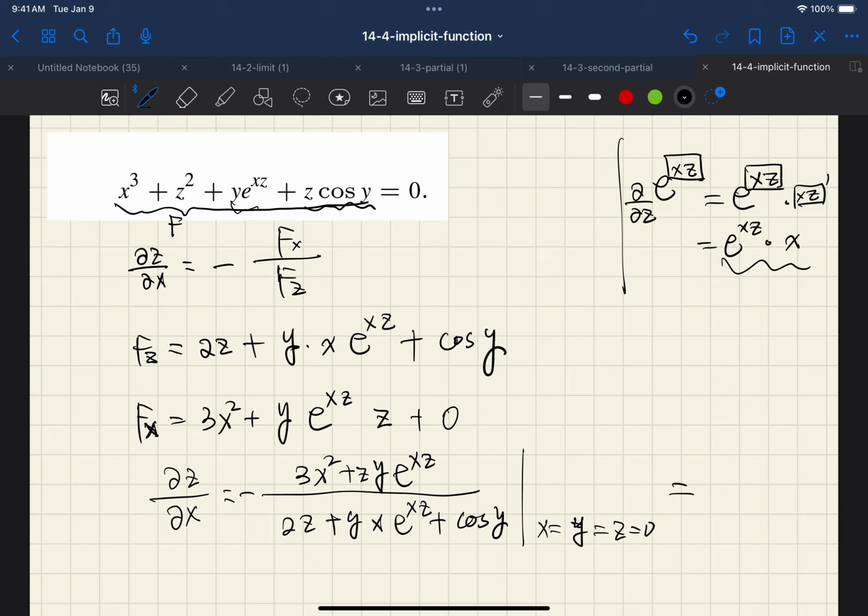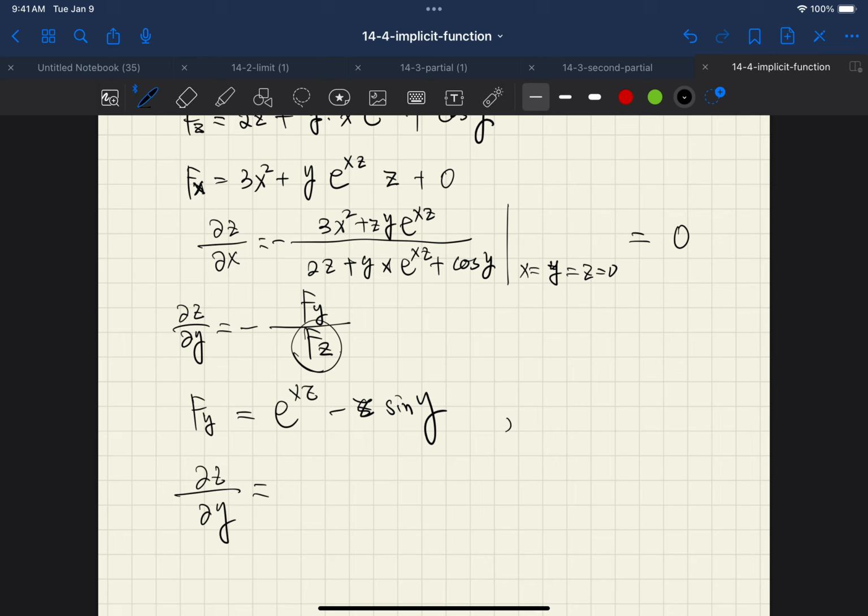So we have partial z partial y equals negative, the denominator is the same as Fz, and the numerator is e to the xz minus z sine y.